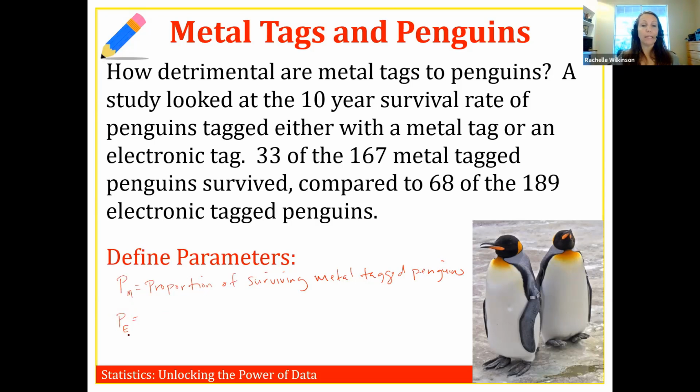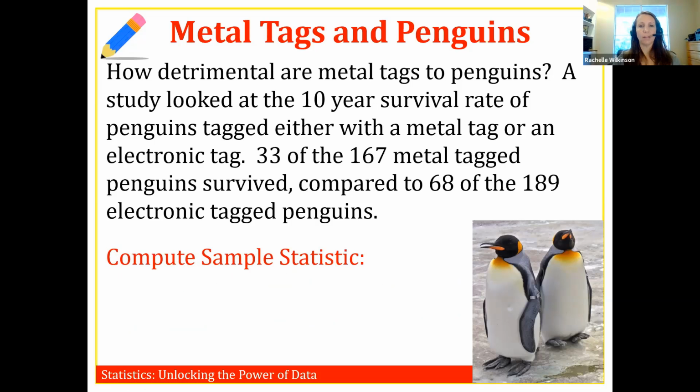And similarly, PE is going to be the proportion of surviving electronic tagged penguins. All right, so now we've defined our parameters. We're ready to start thinking a little bit more about our confidence interval.